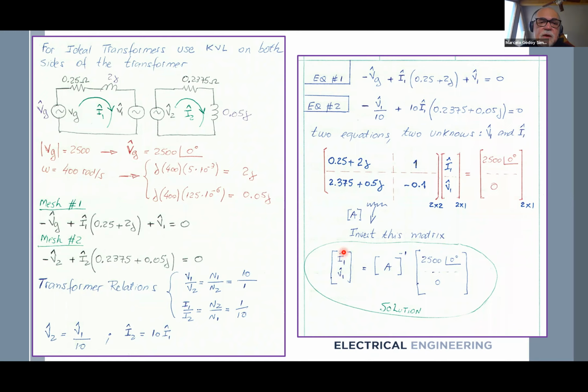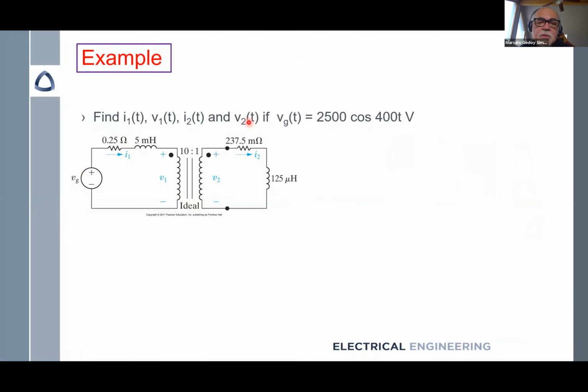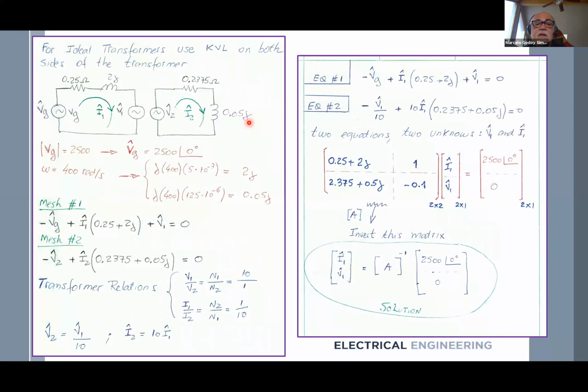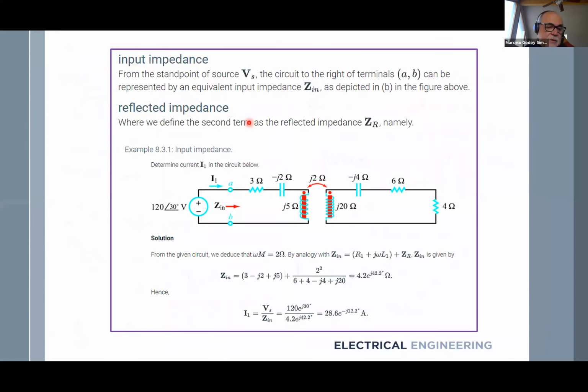When you find I1 and V1, you can define I2 and V2 because you have the transformer relationships. And then from those phasors, you can write the time domain formulation in cosines. So this was a solution for two problems.